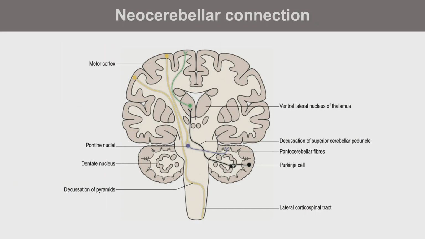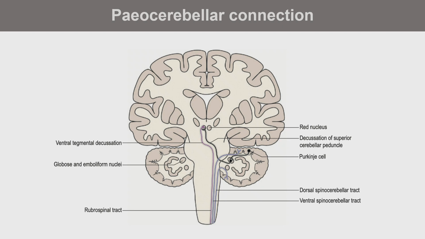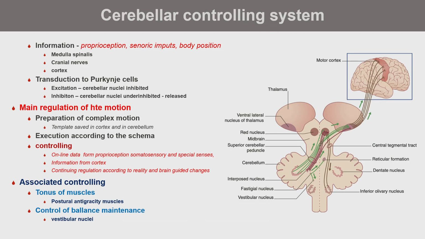And then there is the cerebellar controlling system. The cerebellar controlling system is the system which is acting on the information from proprioception, sensory inputs, and body positions.